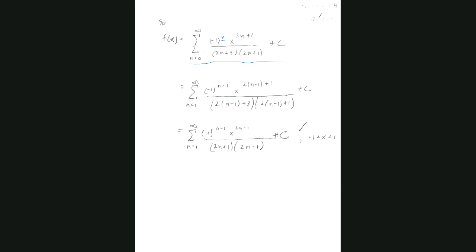When n equals 0, the first term of the series has -1 to the 0th power. So if I change my index to start at n equals 1, I still need -1 to the 0th power to start off with.